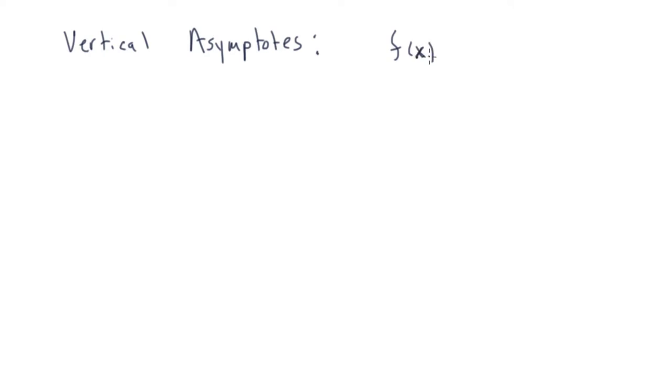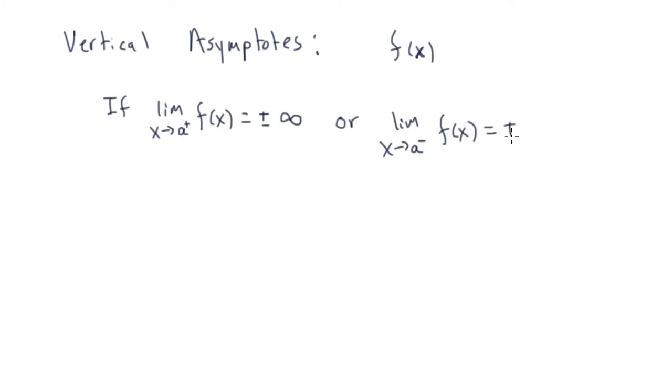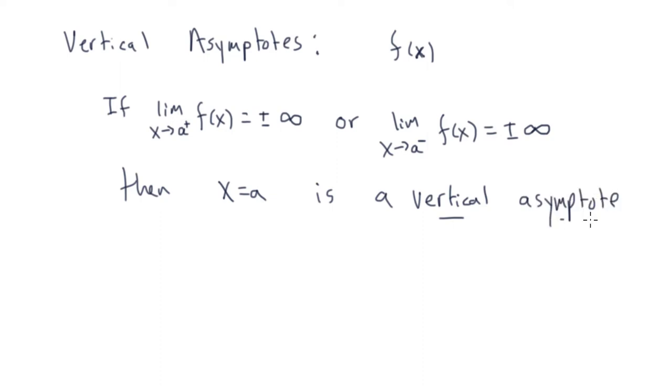And the idea is if we have a fixed number a, so if the limit as x approaches a from the right of f of x is equal to plus or minus infinity, or the limit as x approaches a from the left of f of x is plus or minus infinity, so it grows without bound as x approaches a from the left or from the right, then x equals a is a vertical asymptote of f of x.